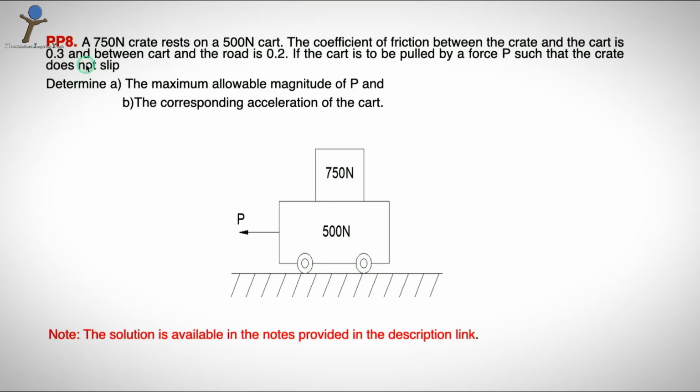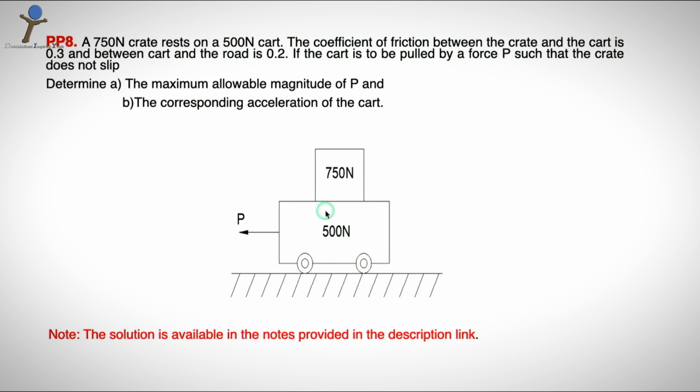Now let's look at problem number 8. A 750 Newton crate rests on a 500 Newton cart. So this is a 750 Newton crate resting on a 500 Newton cart. The coefficient of friction between the crate and the cart is 0.3. So at this contact surface the friction is 0.3.